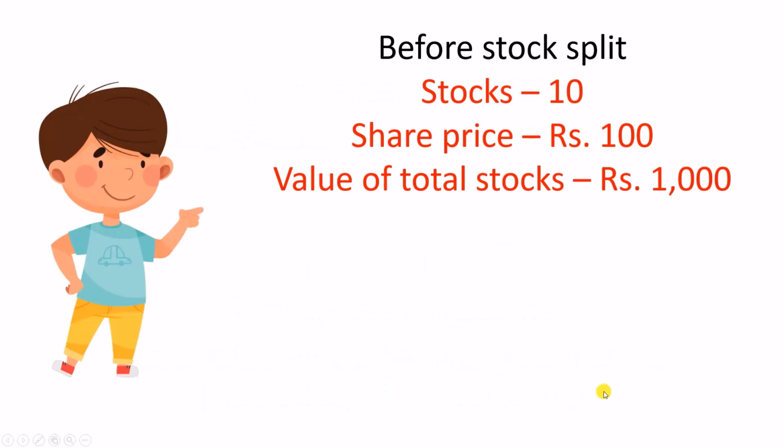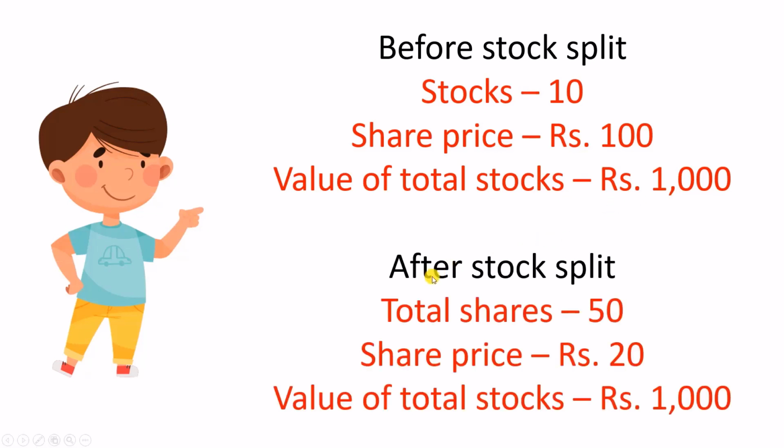Now let us see your case. Before the stock split, you had 10 stocks, and the price of each stock was 100 rupees. Remember, I am using stocks and shares interchangeably. So 10 into 100 was 1000 rupees. So the total value of stocks with you was 1000 rupees.